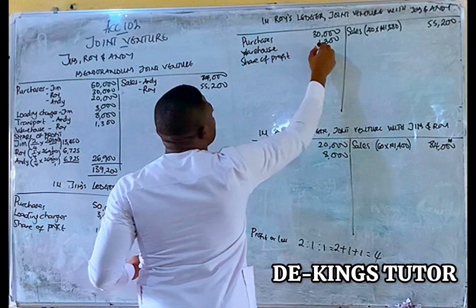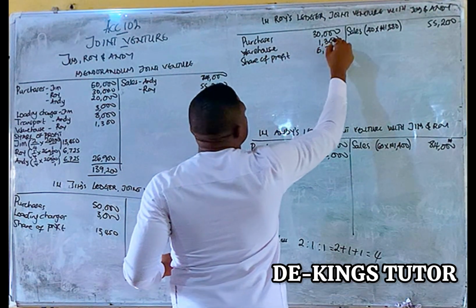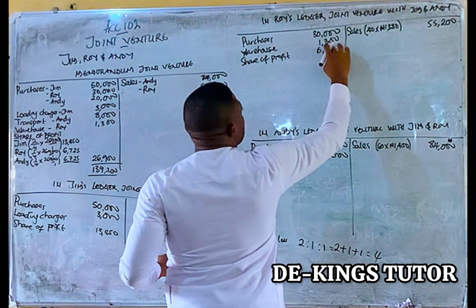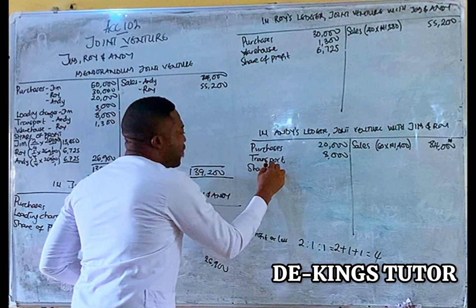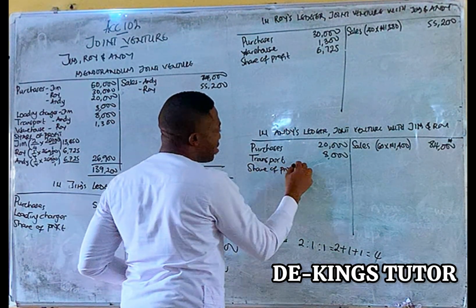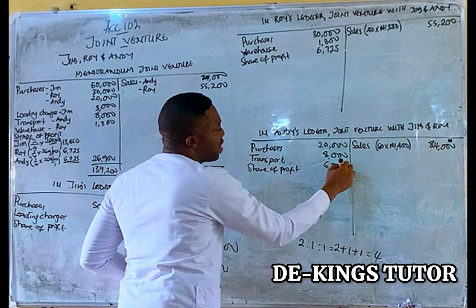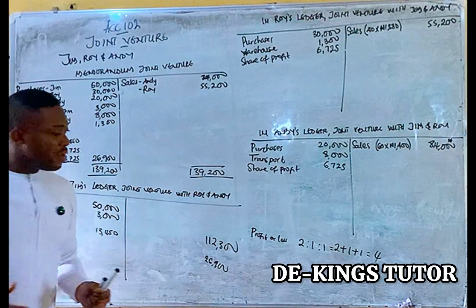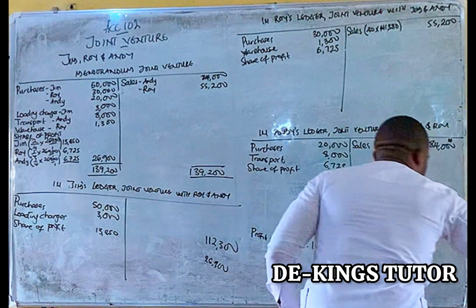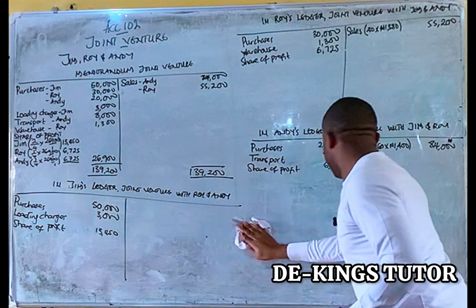How much is it? 6,725. The next one, share of profit. How much is it? 6,725.